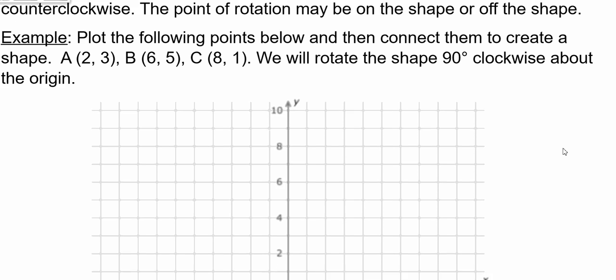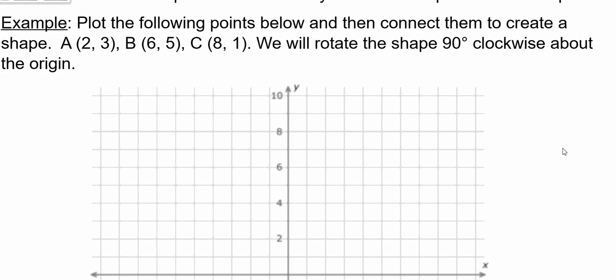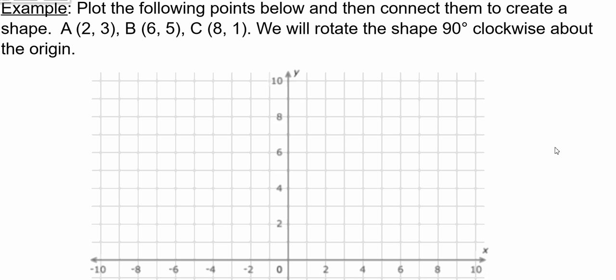So my example here asks us to plot the following points and connect them to create a shape. I have 3 points there. I hope that we all know that that's going to create a triangle. So I'm going to draw this along with you. Please forgive me because it may not be pretty. So point 2, 3. Now remember the 2 is my x-axis. It comes first, and then I'm going to go up to 3.